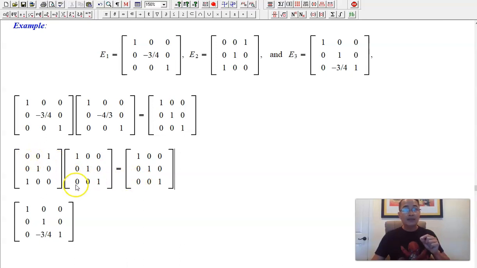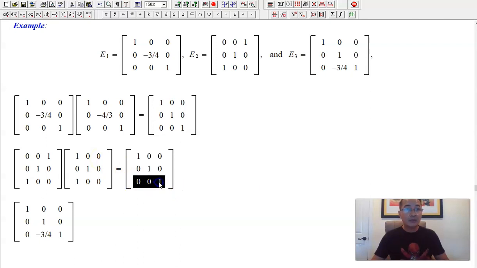This will take row 3 of whatever matrix is here and bring it up to row 1. Oh, so this has to be in the bottom. Okay. Similarly, this 1 over here will take whatever is in row 1 and put it to the bottom.